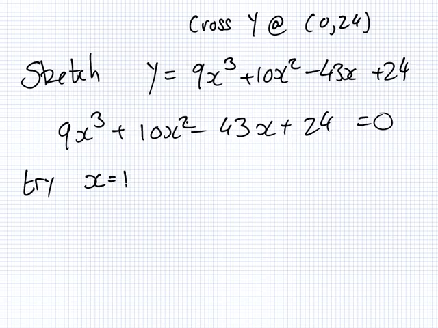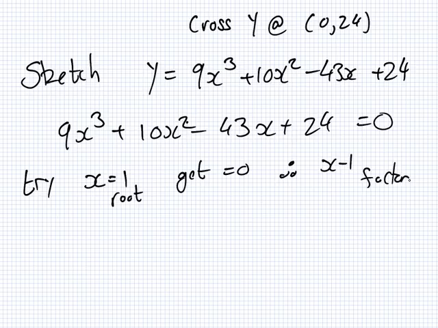If we try x equals 1, does that make 0? Let's try it. 9 plus 10 minus 43 plus 24. And by dumb luck, I got it on my first attempt. So when x equals 1, we do get this equal to 0. Therefore, this is a root, which means x minus 1 is a factor.